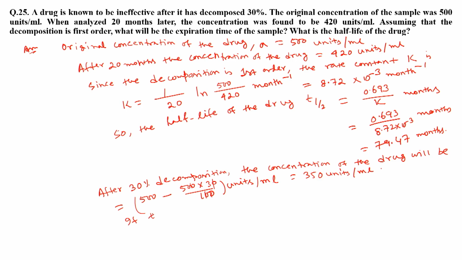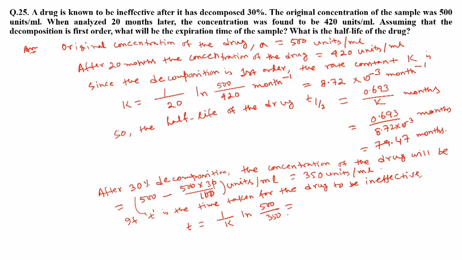If T is the time taken for the drug to be ineffective, then we write T is 1 by K ln 500 by 350.